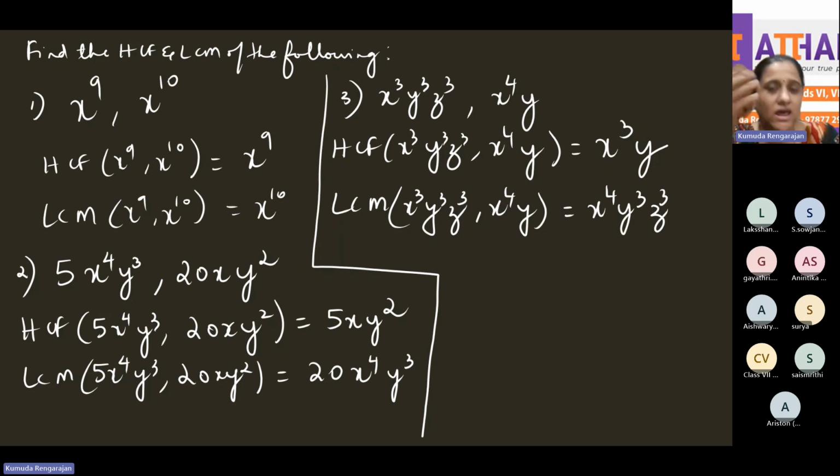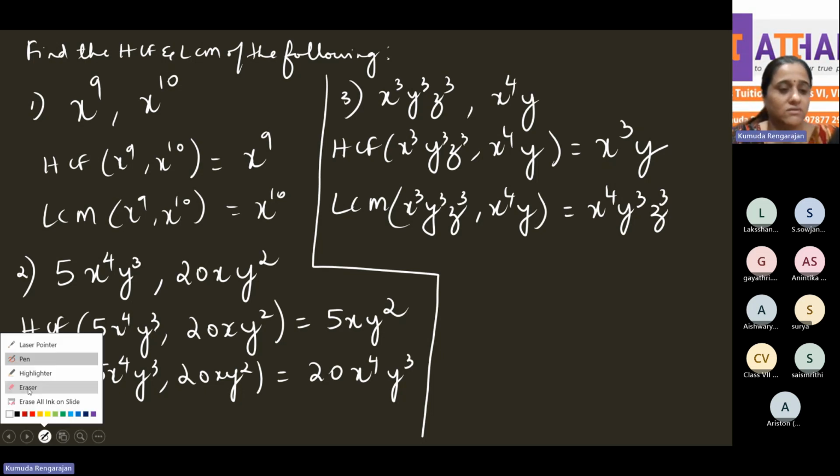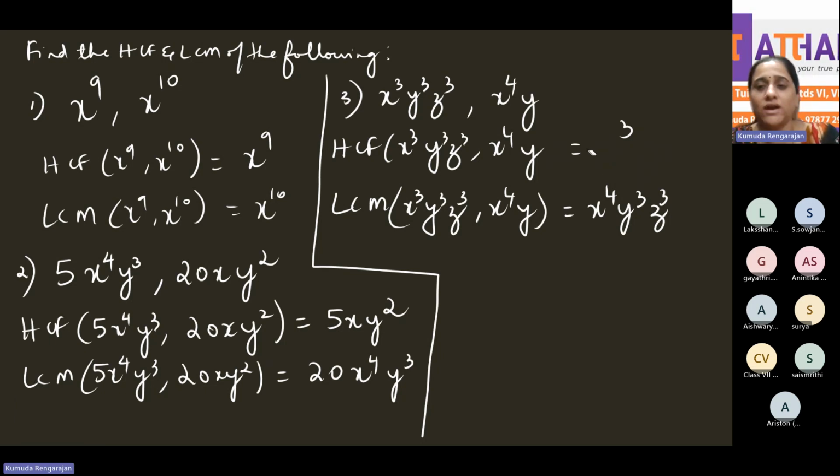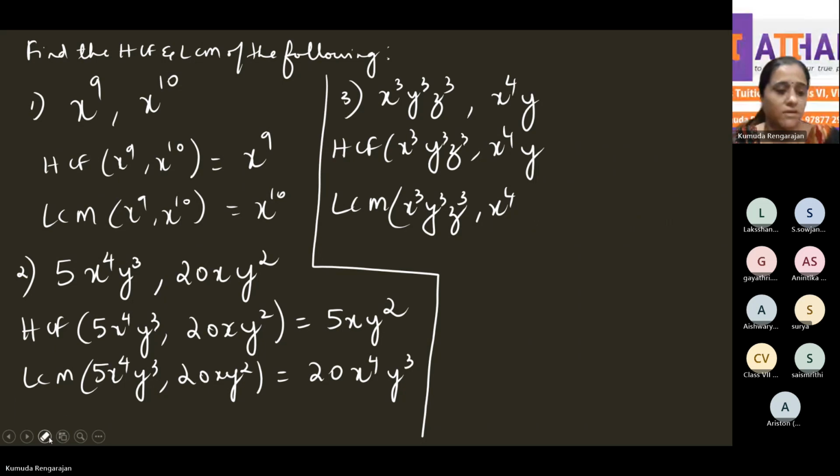When a term does not have a literal, now this z was not there in the first one, right? I don't want you to write this, but I'll just show you. It's like this. You're trying to show a literal which is not there.